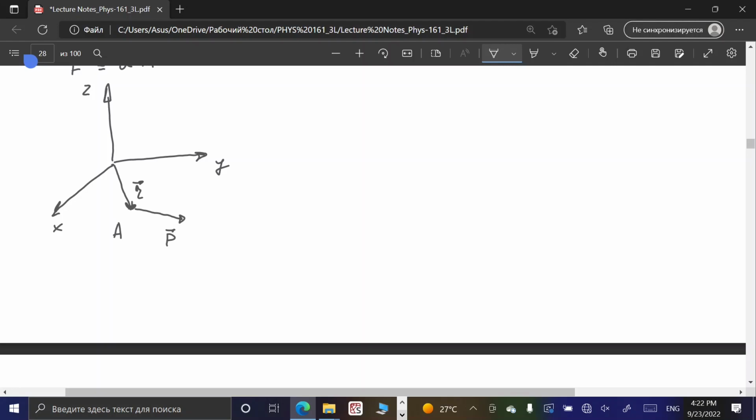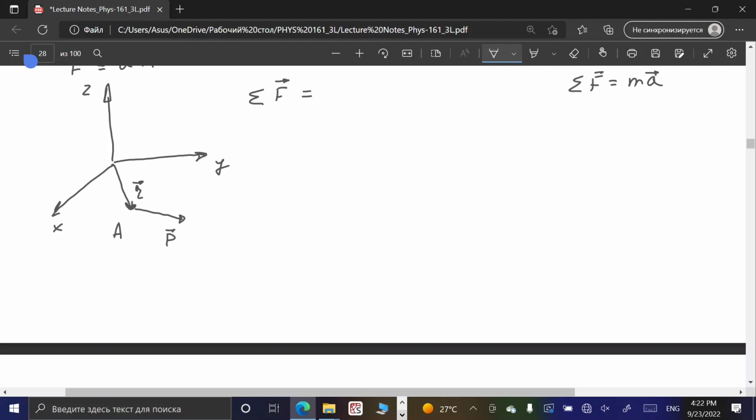Who will remind me how we define the second law of motion in terms of the linear momentum vector? Net force is equal to m times a.